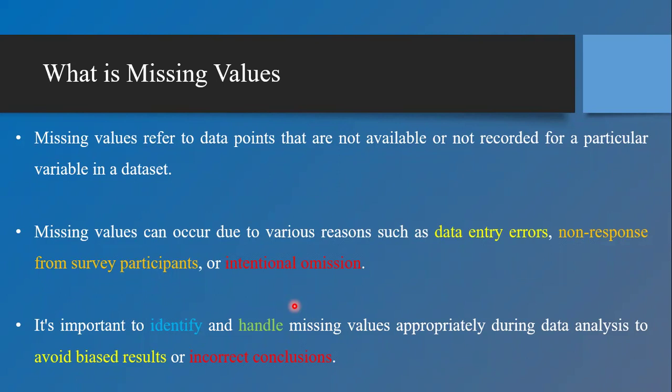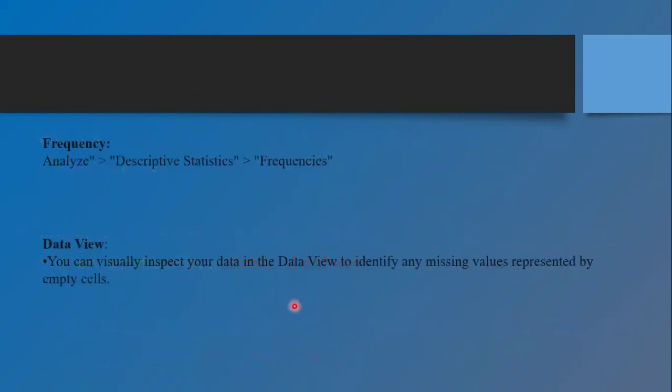They can make your results biased. You cannot reach the correct conclusion on the basis of those results. But you need to understand when you will ignore the missing values and when you will handle them. So you need to understand the difference.